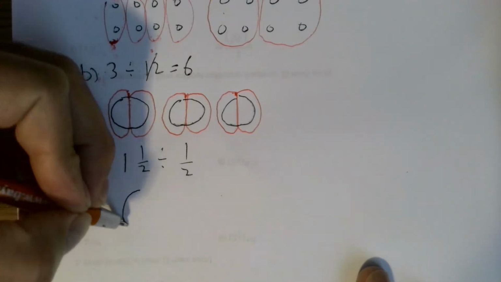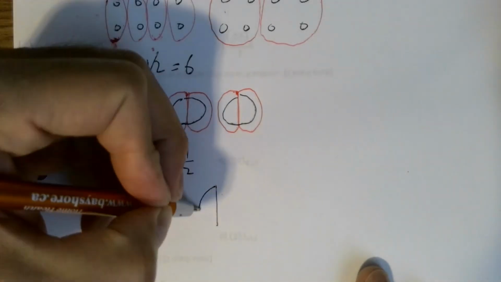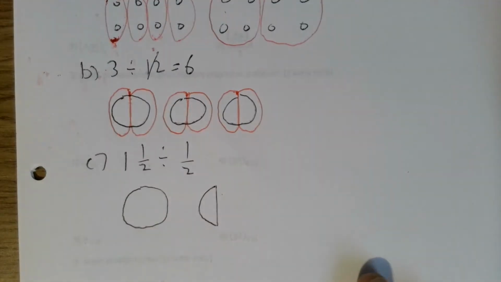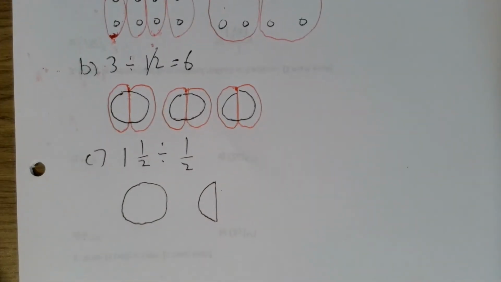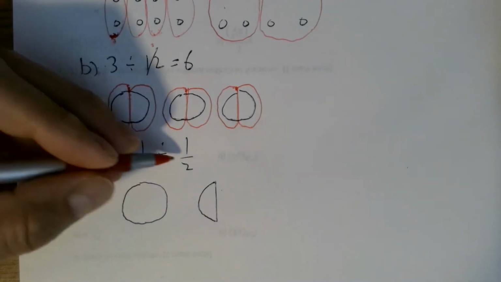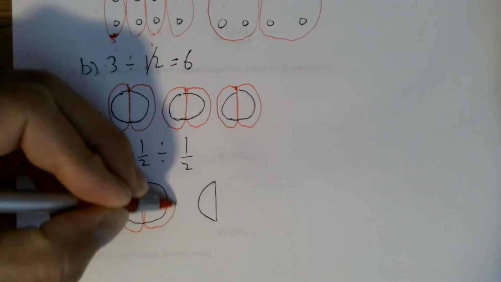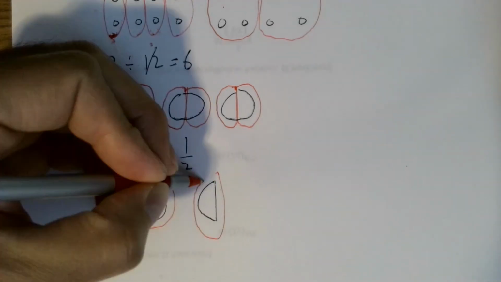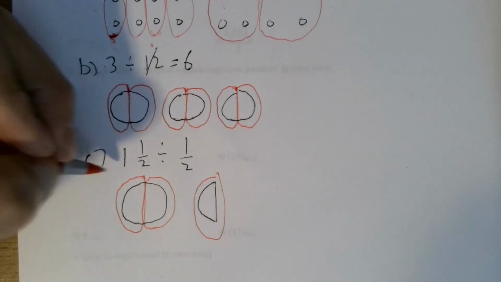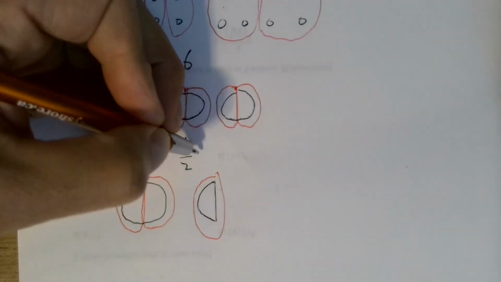So there's my 1 pizza, and there's my half pizza. And again, 1 1/2 divided by a half. I'm going to divide this into groups of a half. So there's a group with a half, there's a group with a half, there's a group with a half. So if I've got 1 1/2 pizzas, half a pizza per person, I can feed 3 people. 1 1/2 divided by a half is 3.